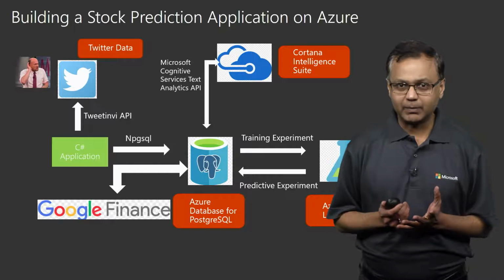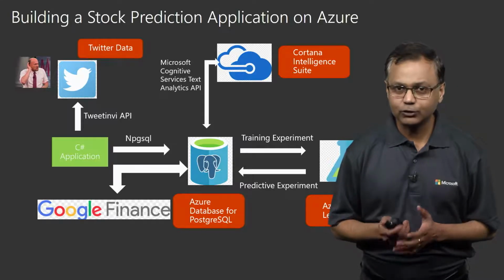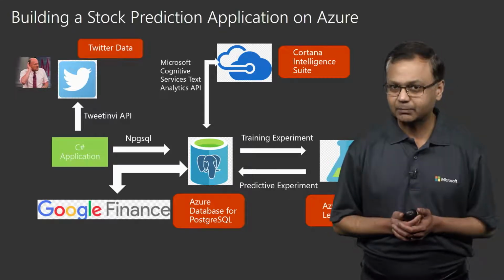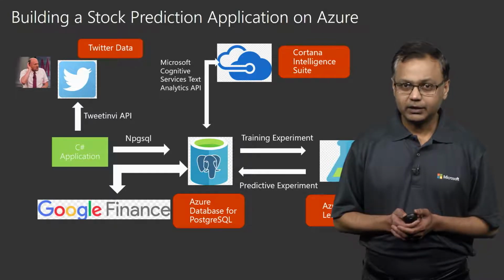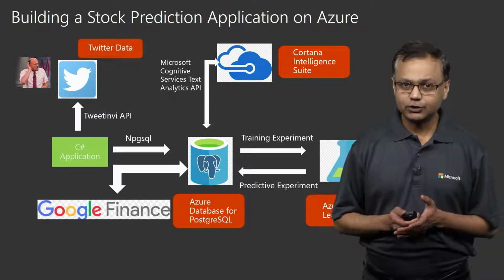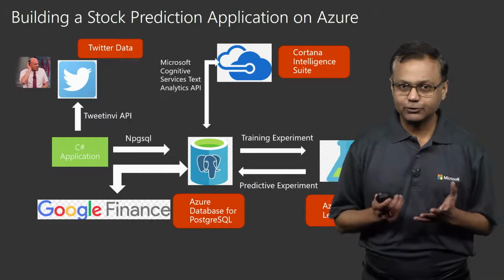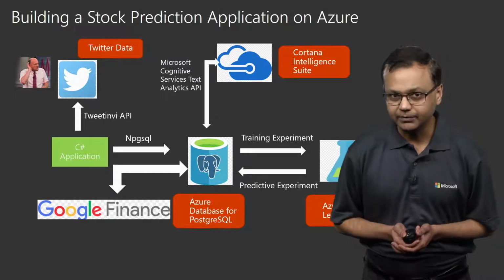After I complete my training experiment, I'm going to choose the one that I like and make it my predictive model. That then is used to project the future value of the stock the following day.